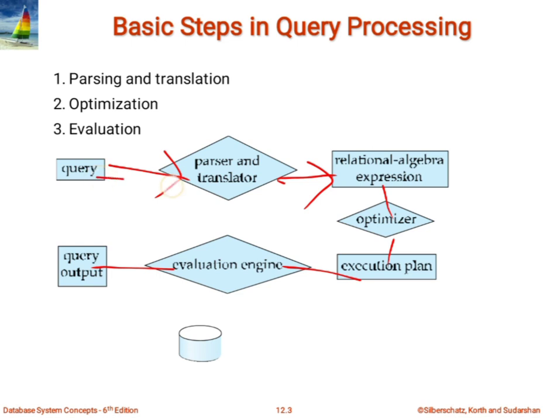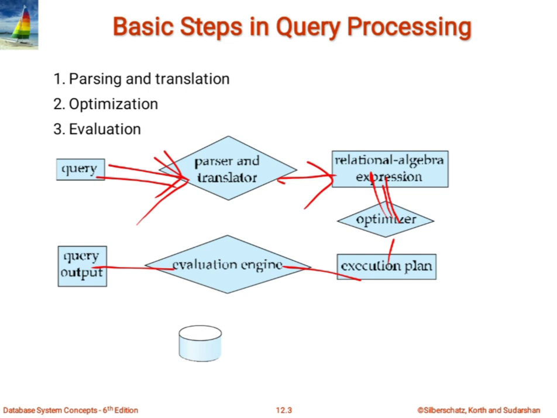So this is the first step. Then this relational algebra expression is given to the optimizer. The optimizer evaluates the different evaluation plans depending on the cost of the query.